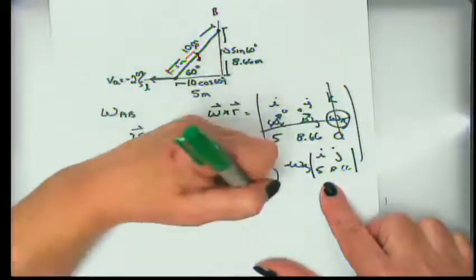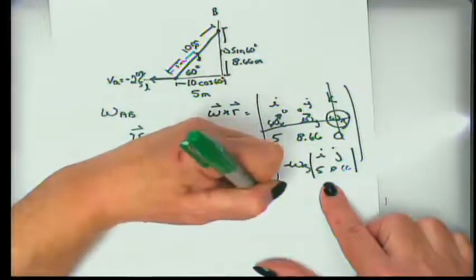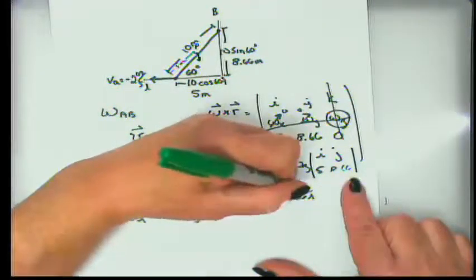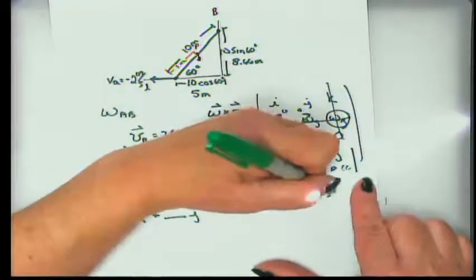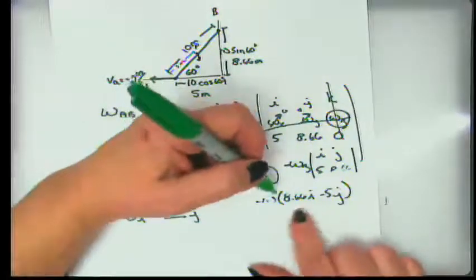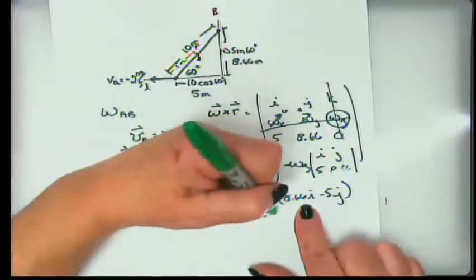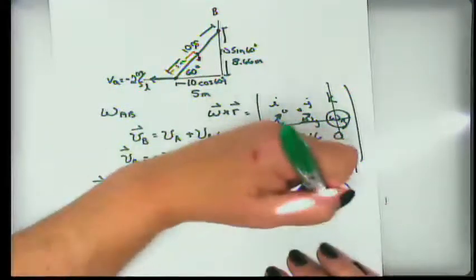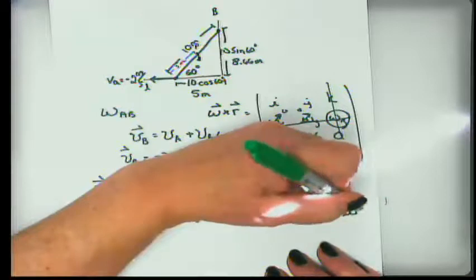So I get minus omega times 8.66I minus 5j, and so this is minus 8.66 omega I plus 5 omega j.